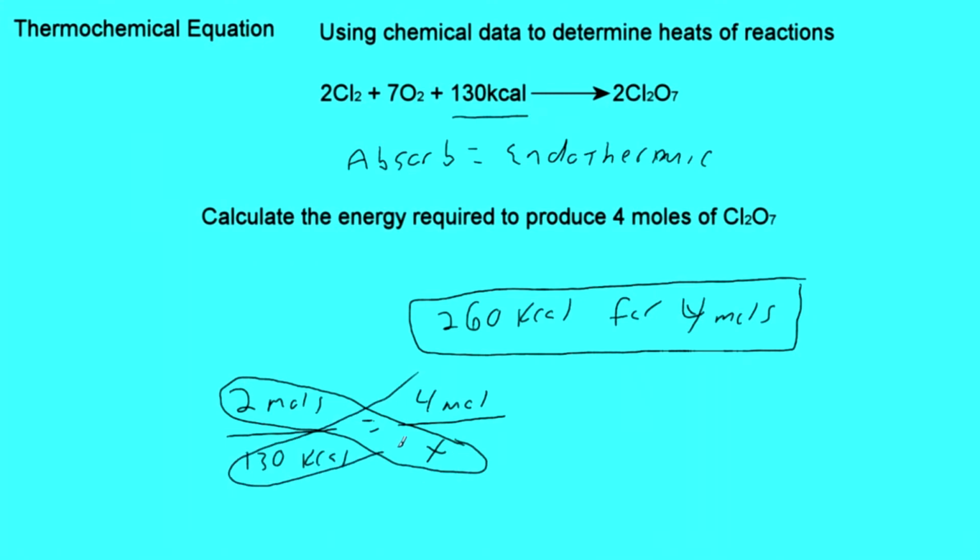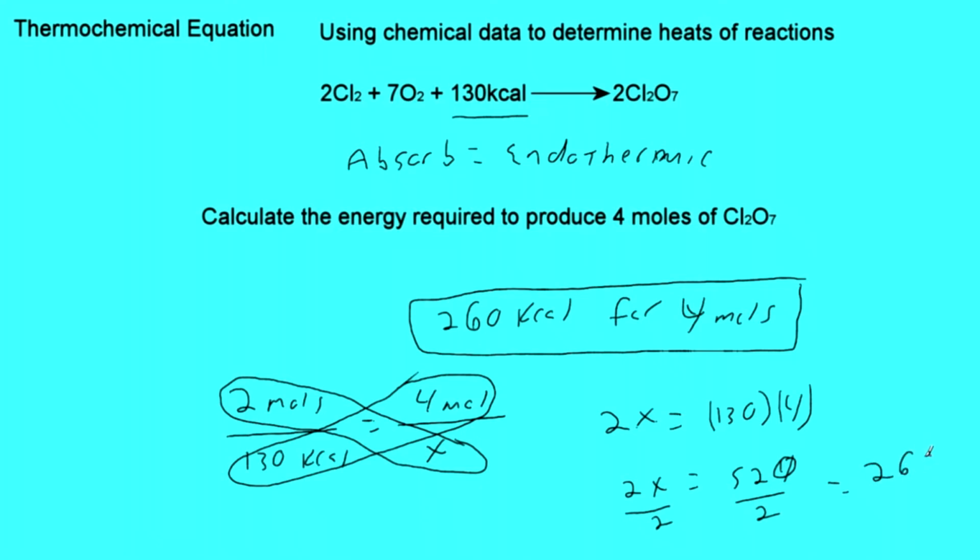All right, so you're going to kind of do this. So 2x equals 130 times 4. So 2x is going to be 520, and we're solving for x, so divide by 2. 520 divided by 2 is 260. And that's what we got up here. All right, so you can just do these problems as a ratio, just set them up this way.